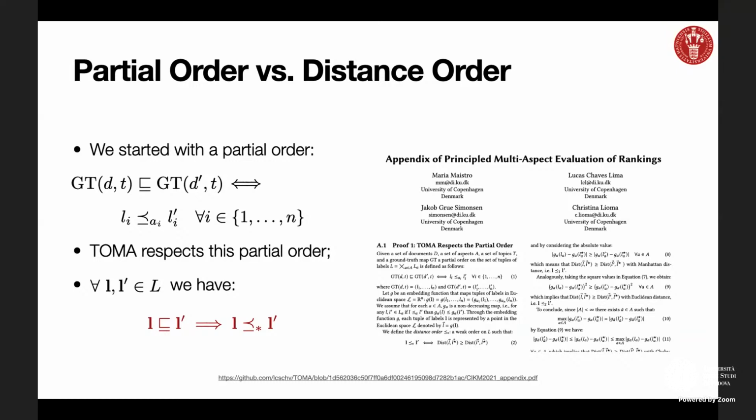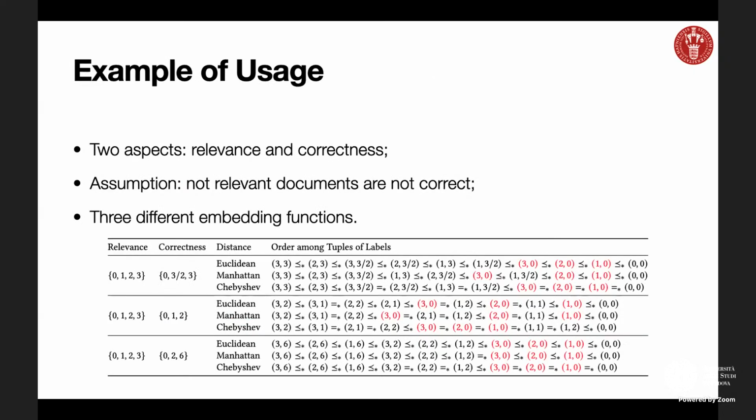So you're sure that all the easy comparisons that we discussed before will be the same once you go through all the 3 steps. Then your distance order will make a decision on those multi-aspect labels that were not comparable. And I will not go through the proof.